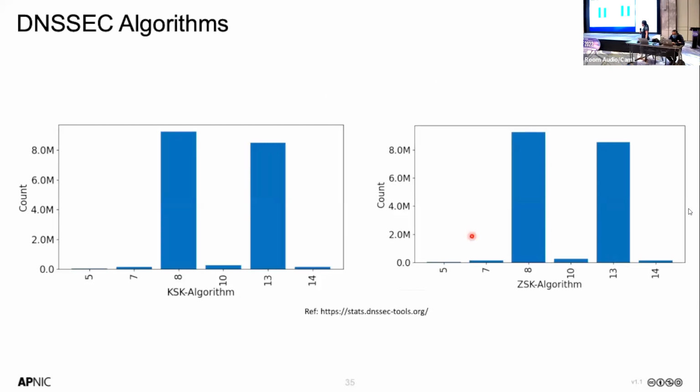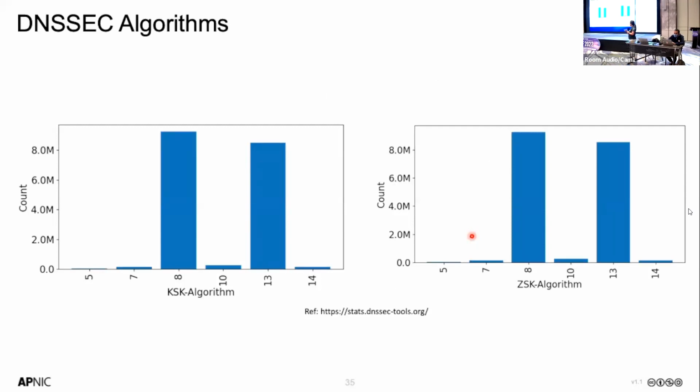So looking at some statistics from DNSSECtools.org, you see here that both type 8 and type 13 are the most widely used algorithms at this point. I just checked this this morning or yesterday from the page there.